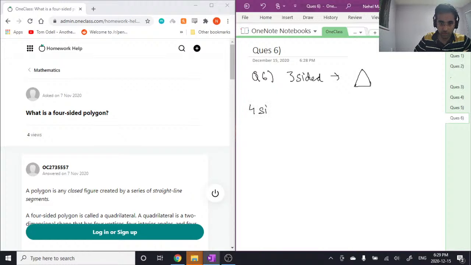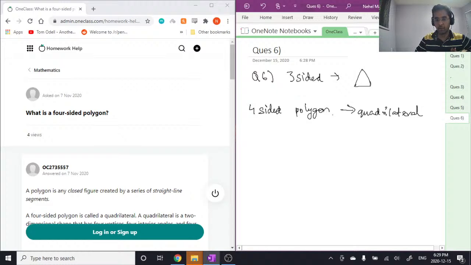So a 4-sided polygon is called a quadrilateral. Now, the thing with four-sided polygons is they have various types. Even though their general term is quadrilateral, we have a few quadrilaterals which have different properties. For example, inside of a quadrilateral, it can be a parallelogram, which essentially means that the opposite sides are parallel to each other.